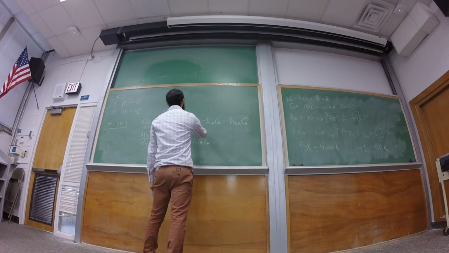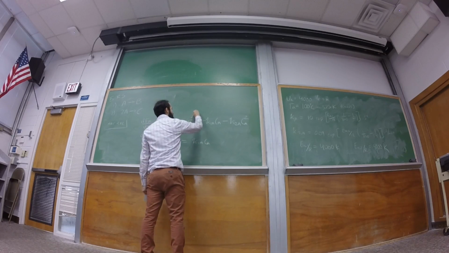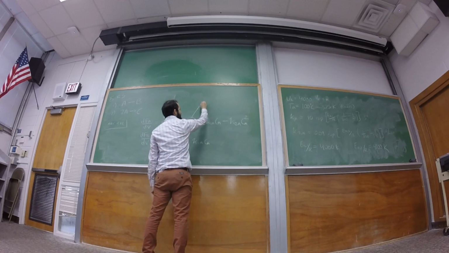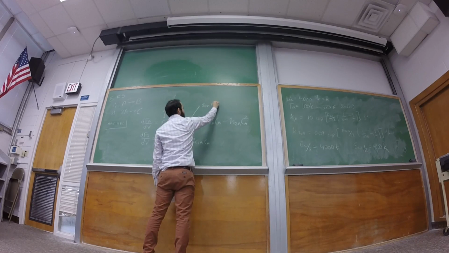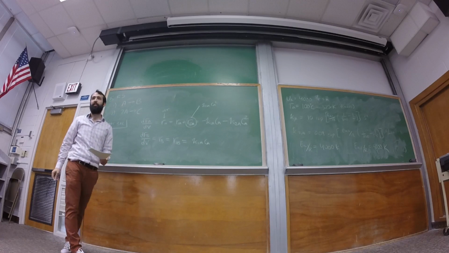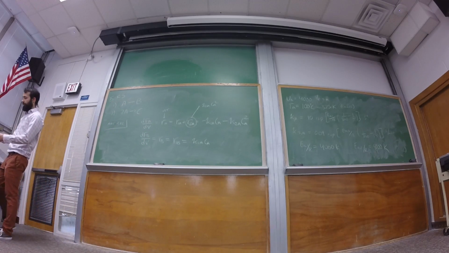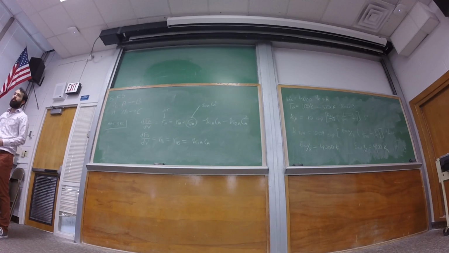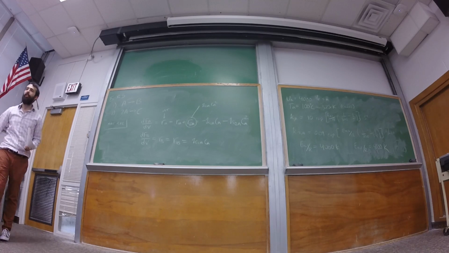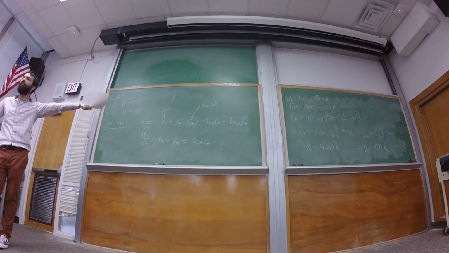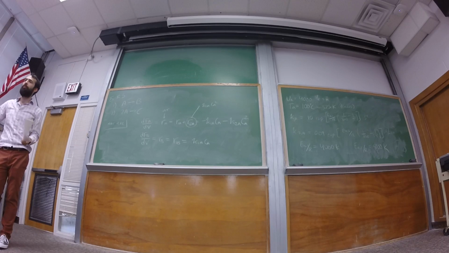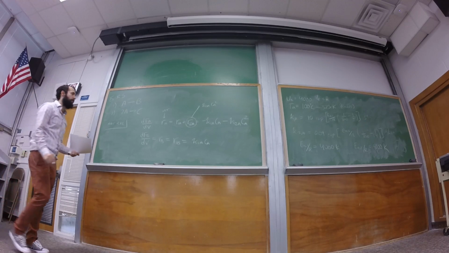Let's see. Because this is equal to K2A CA squared. We're defining things in terms of the little k, the K2A and the K2. If it was K2, then I would need it.